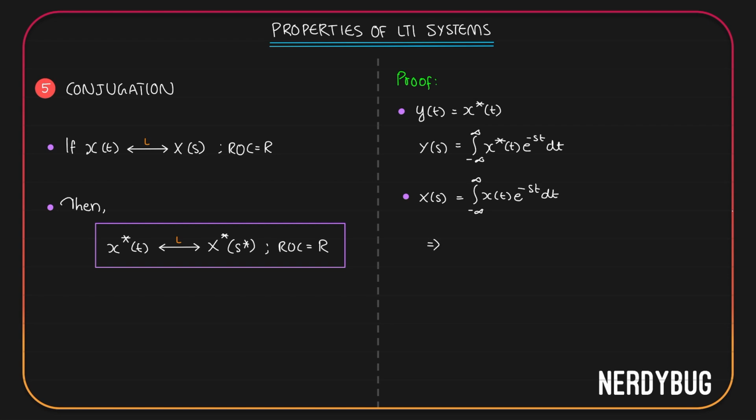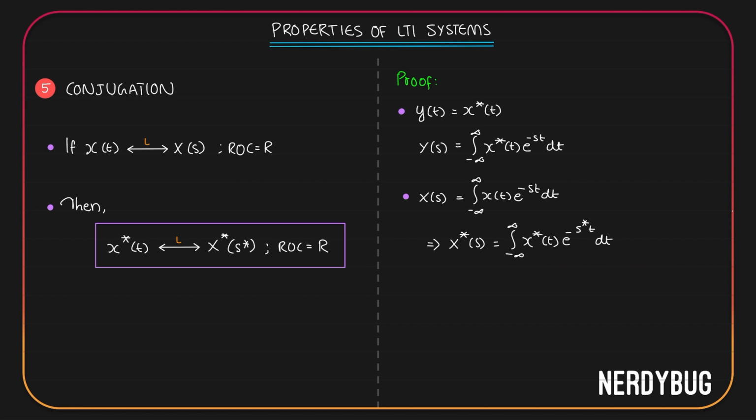If I take the conjugate of this, I get x conjugate of s is equal to integral from minus infinity to infinity, instead of x of t, I'll have to write x conjugate of t, e raised to minus s conjugate t dt, since s is a complex variable.